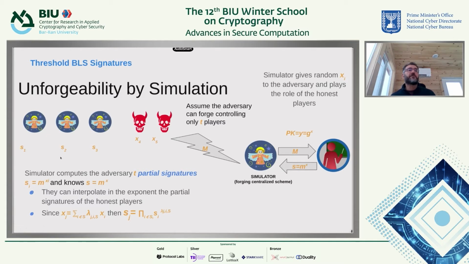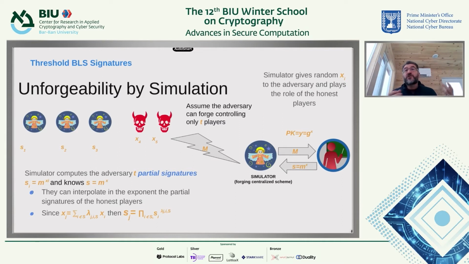And he outputs these. Up to this point, for the adversary, this game is exactly the same as if it was running a signature network with real players rather than with 3 simulated players, right?